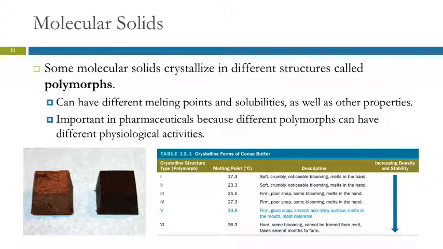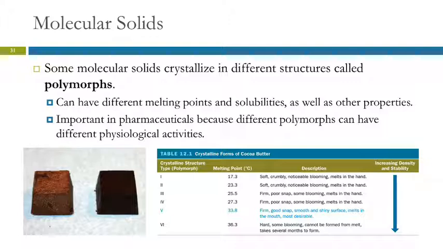How the molecules in a molecular solid are arranged can vary, so a given solid can have more than one form. When a molecular solid crystallizes in different structures, those different structures are called polymorphs: different shapes, many shapes.